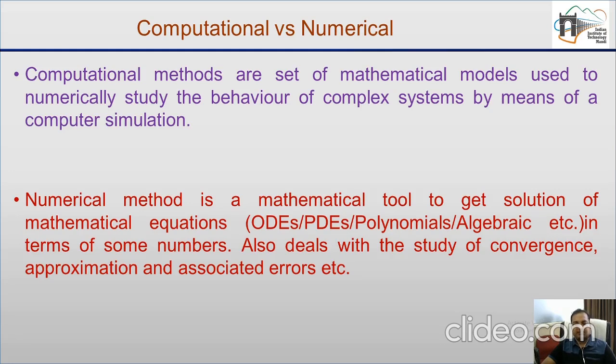So in computational methods, if you take an example like FEM, the finite element method, that is a computational method. In FEM, we need to implement several numerical techniques to get the solution of the physical system. First, we need to interpolate the differential equation in terms of an algebraic equation, so we are using one interpolation technique.